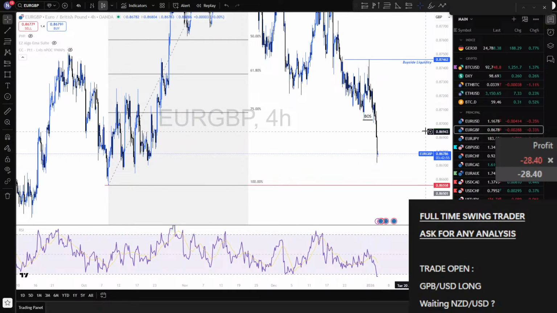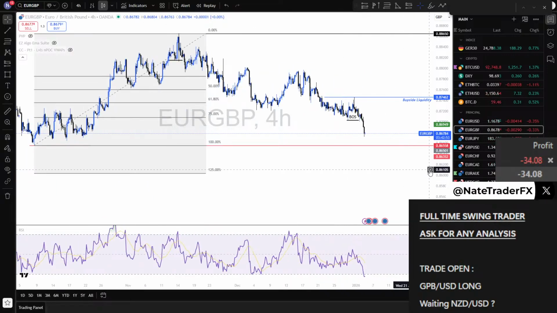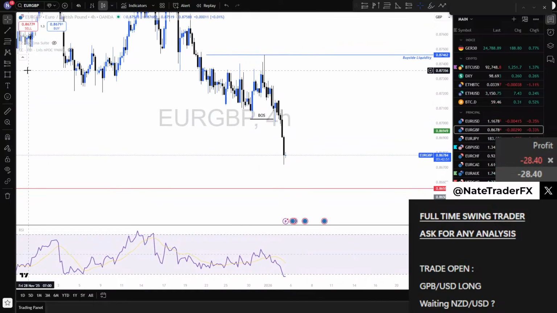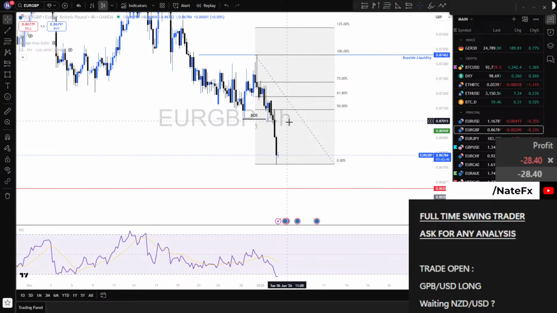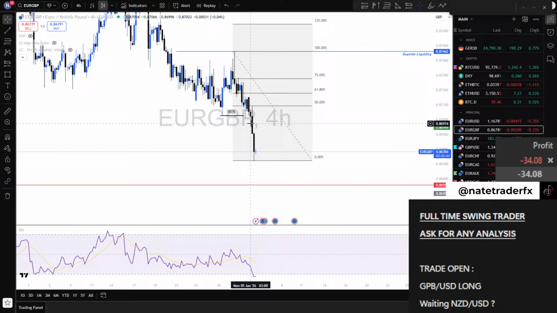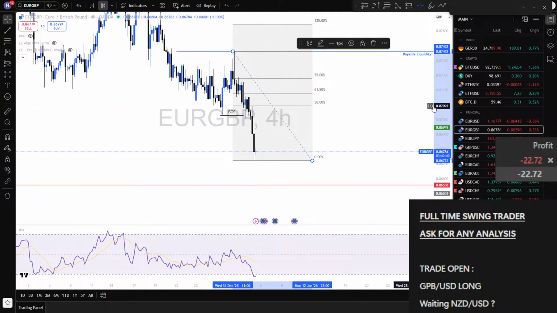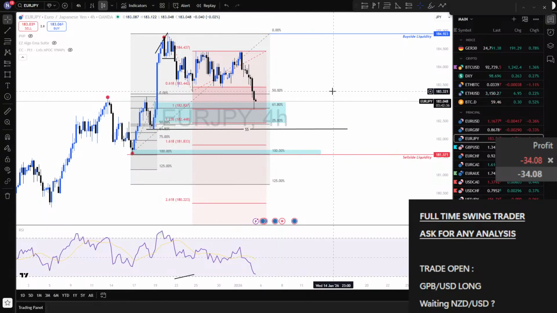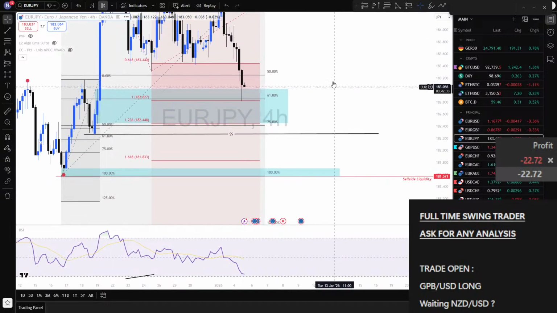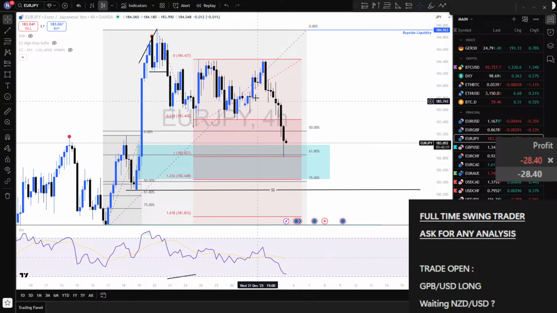Euro GBP, nothing to do. A bit like Euro USD. See what he does if he comes back, 50%. Take at least one liquidity. Put an alert there. Euro GPY. My trade came back at break-even.